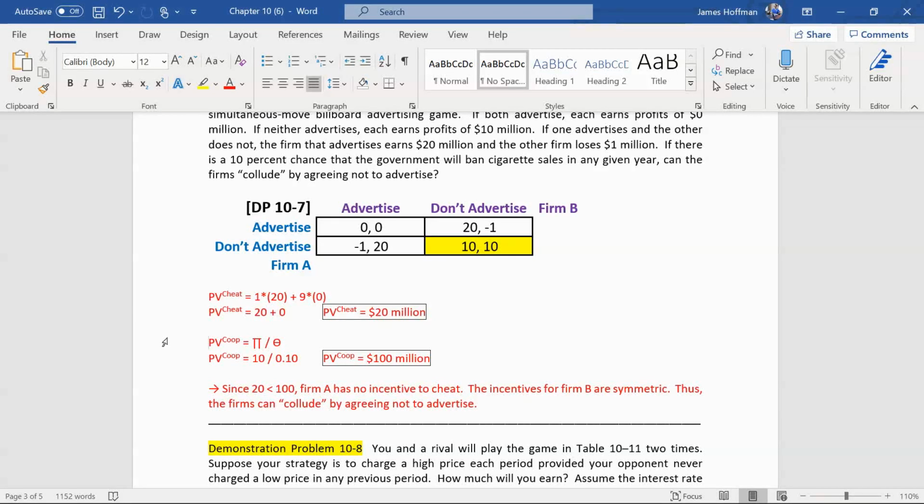So cooperating is either that profit divided by theta, which is 10 divided by 0.10, which is 100 million, or just double check and make sense that if you think you're going to play the game 10 times and you get 10 every time, then cooperating gives you 10 times 10, which is 100.